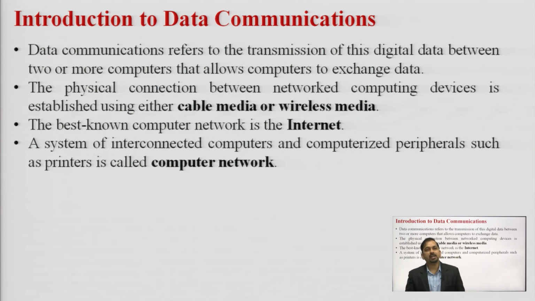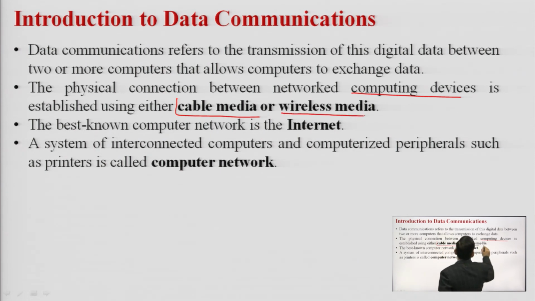The physical connection between the networked computing devices is established using cable media or wireless media. This is basically the channel, a wired channel or a wireless channel. The best known computer network is the internet.